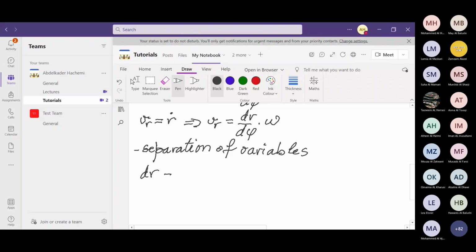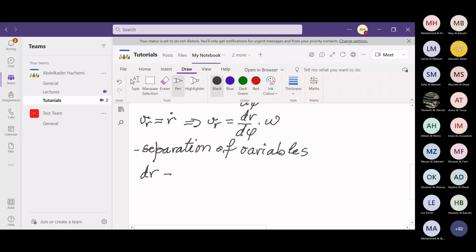Why we write this? This corresponds to the position, the first term, the left hand side, and the right hand side corresponds to the velocity which depends on phi.